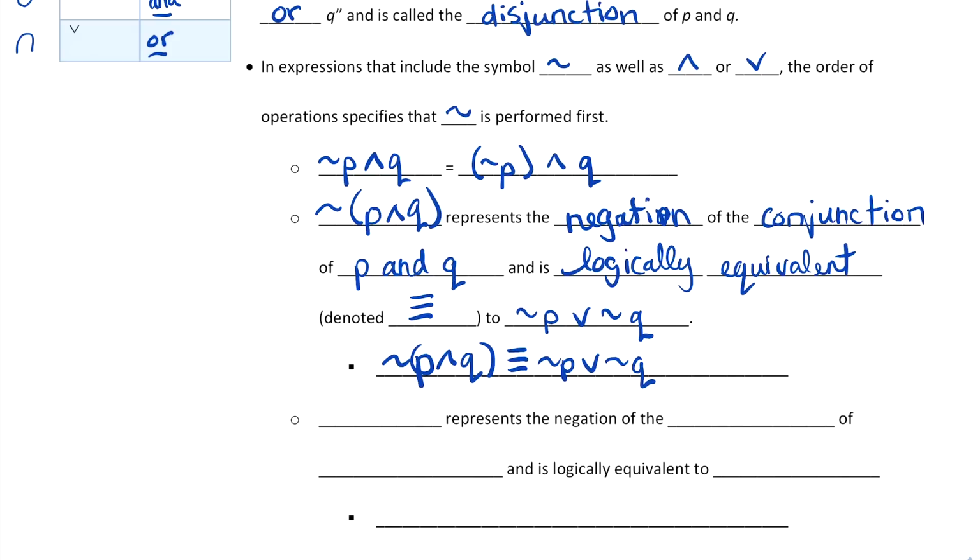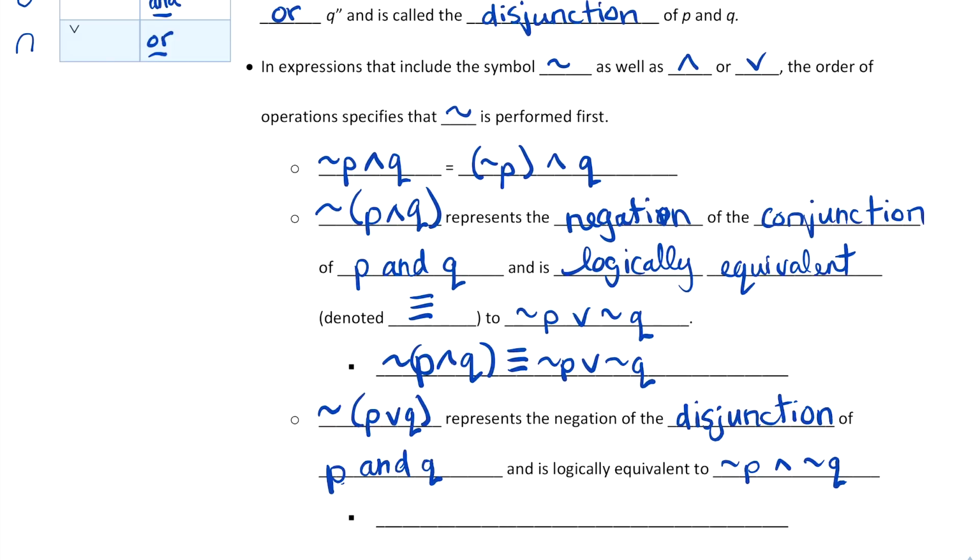All right. So now let's take a look at this one here. What about the or statement? What we've written here represents the negation of the disjunction of P and Q, and is logically equivalent to not P and not Q. Because for an or statement to be true, only one of the logical expressions needs to be true, just like in sets, all right?